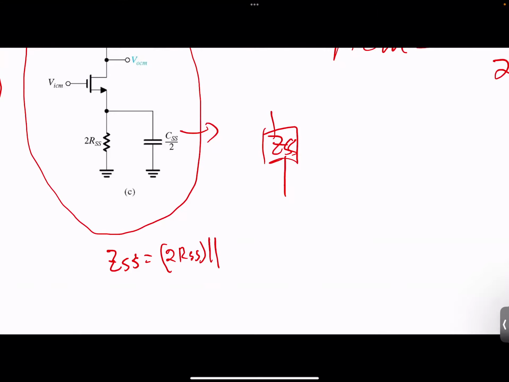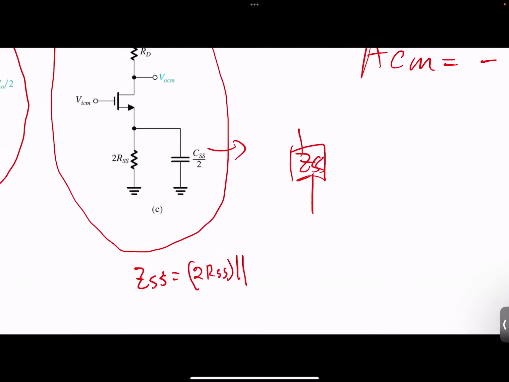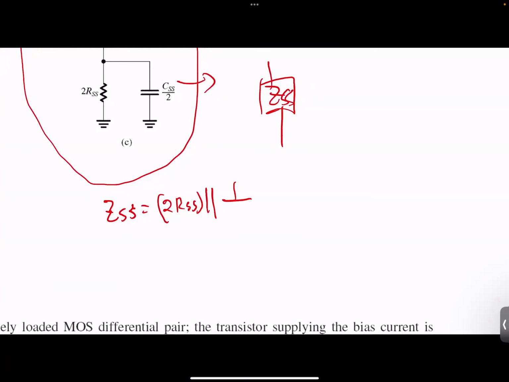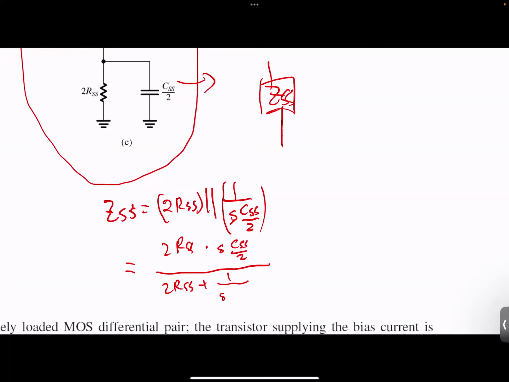The impedance of CSS over 2 will be 1 over S CSS over 2, where S is the omega. So this is in parallel, and we can write this as 2 RSS times 1 over S CSS over 2, divided by 2 RSS plus 1 over S CSS over 2.